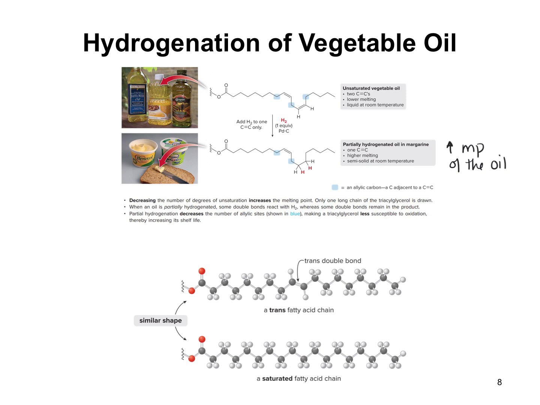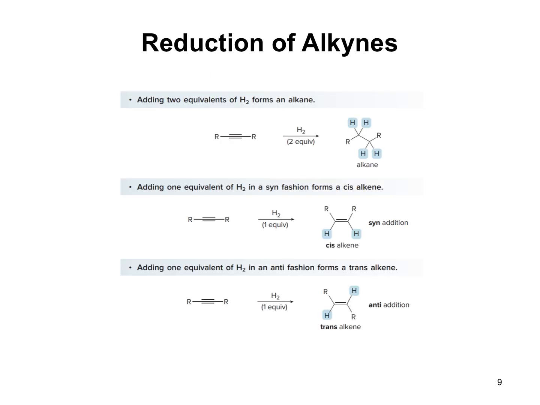Now, let's talk about the reduction of alkynes. We've spent a lot of time on alkenes. Let's talk about alkynes. We have 3 different ways where H2 can add to the triple bond. It can add twice and form all single bonds. It can add once and have a syn addition where you end up with a cis alkene, or you can have an anti-addition where you end up with a trans alkene.